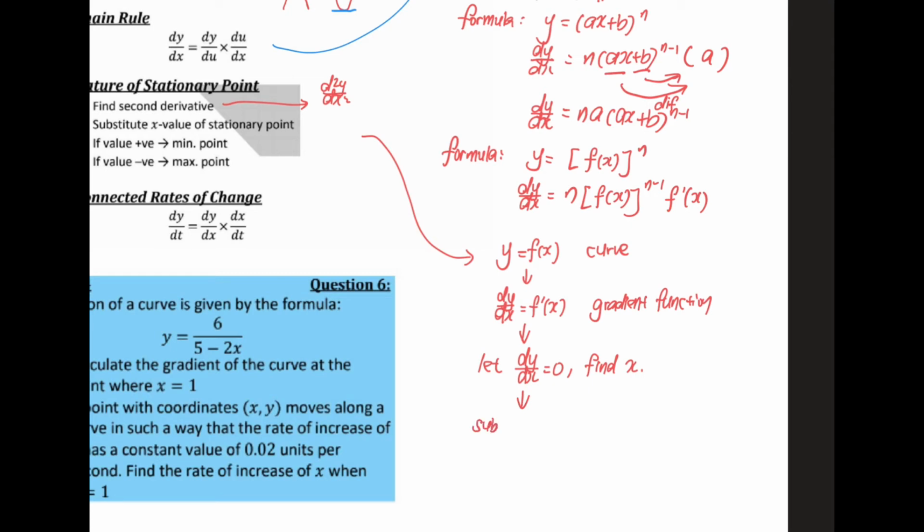And then after that, you substitute the x found into y equals f(x) to find y. Then the x and the y are the coordinates of the stationary point.